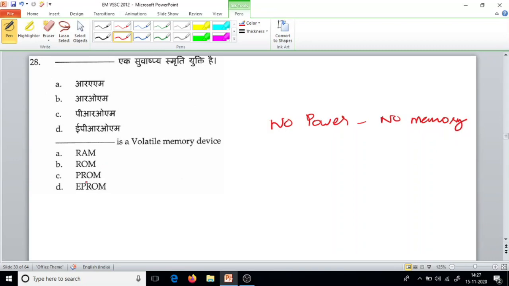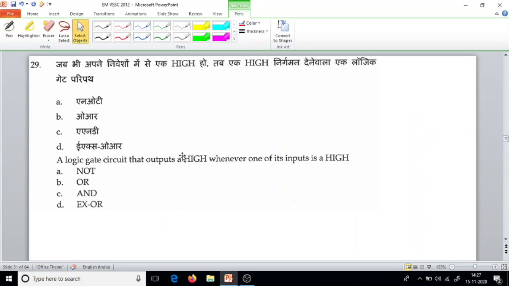The ROM, that is read-only memory, PROM means programmable read-only memory, EPROM means erasable programmable read-only memory. All these retain data, they don't require power to store. But RAM, if power is not there, RAM can't store the data. That is the volatile memory. So in computers and all, we use the RAM.